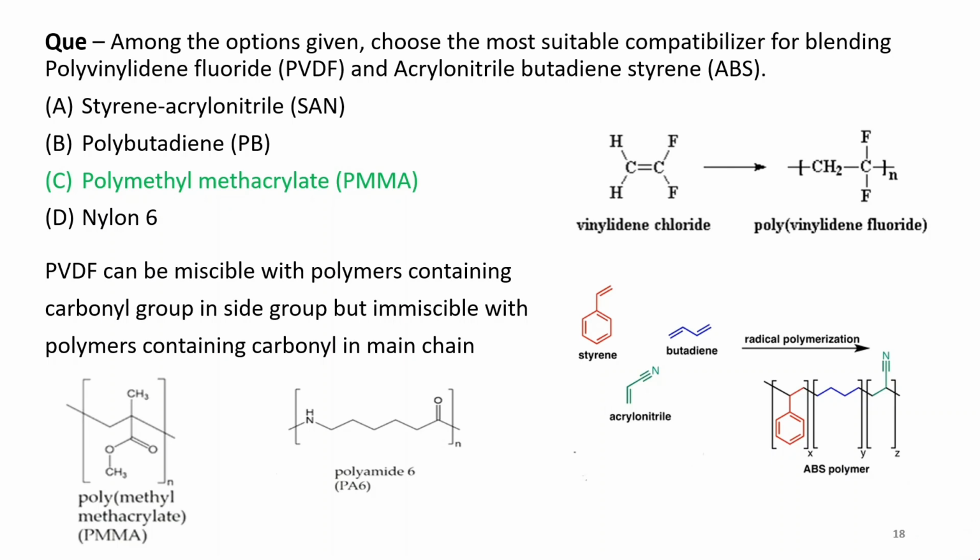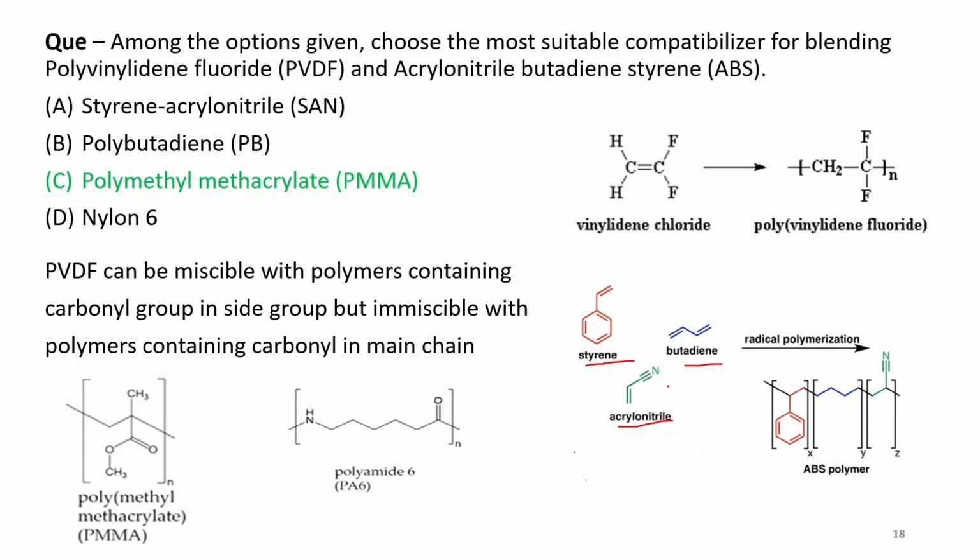We know that PVDF, polyvinylidene fluoride, is made from its monomer vinylidene fluoride, not the chloride. So its structure is this, right? We know this, and we know that ABS is made from the monomeric units styrene, butadiene, and acrylonitrile, and it undergoes radical polymerization to form the ABS polymer.